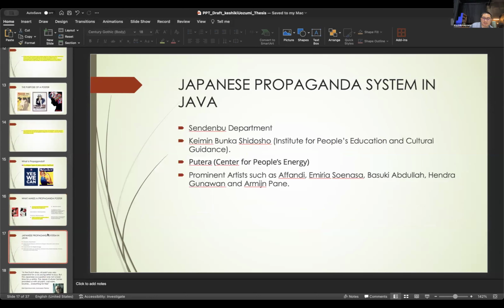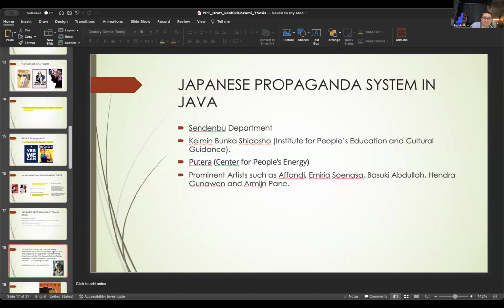Under the Japanese rule, they gathered all the Indonesian artists and made a centralized propaganda system, gathering our community of artists so they could connect more with the people of Indonesia.